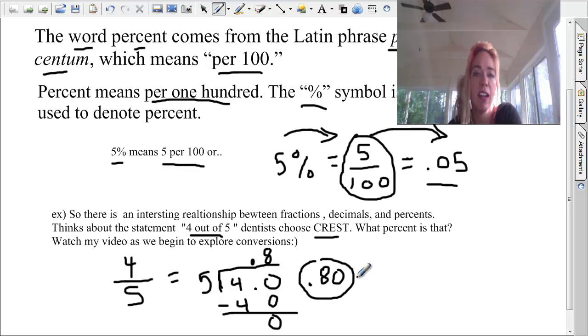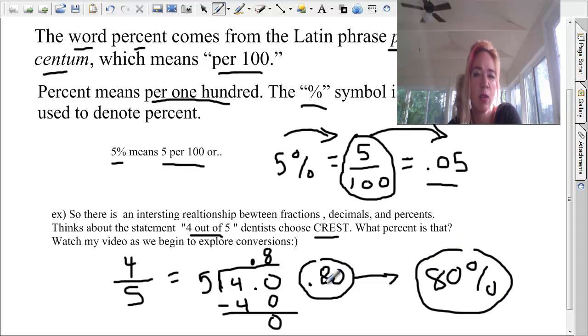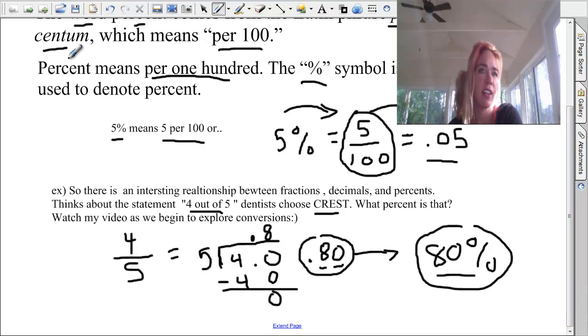And then, as you can imagine, that's 80%. So you start to make this connection in your mind that, how do I move from decimal to percent? Perhaps I just slide the decimal 2 units to the right, virtually multiplying by 100, and voila, you have 80%. So we'll seal the deal on all those sort of recipes for moving from decimal to percent and vice versa here on the next slide.